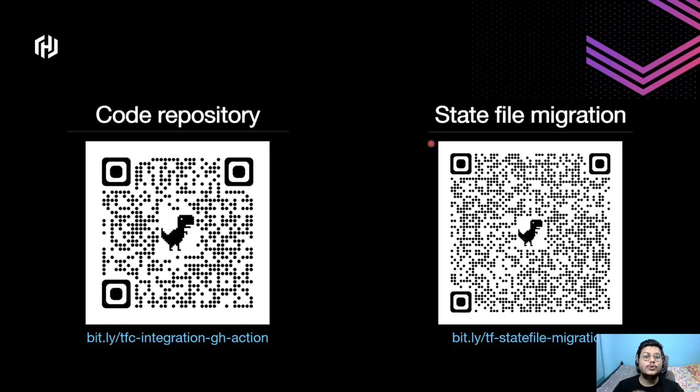You need to move that state file to Terraform Cloud, because state files are stored in Terraform Cloud, and you need to do this migration, otherwise nothing will show up in the new run which you are running in Terraform Cloud, because the state file is needed for the infrastructure deployment. You can scan this or open this link and you will be taken to a blog where I have shared the details of how you can migrate your current state file from any place, be it a storage area or a local area. You can use these steps for your state file migration.